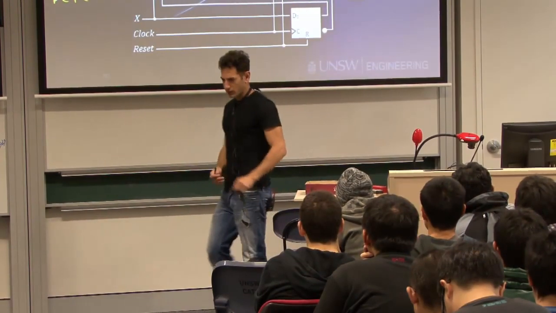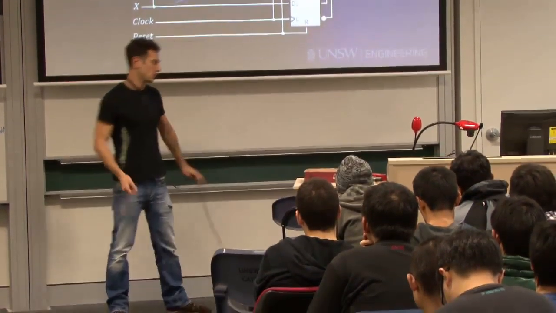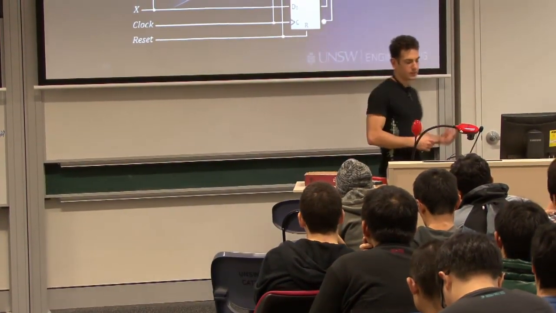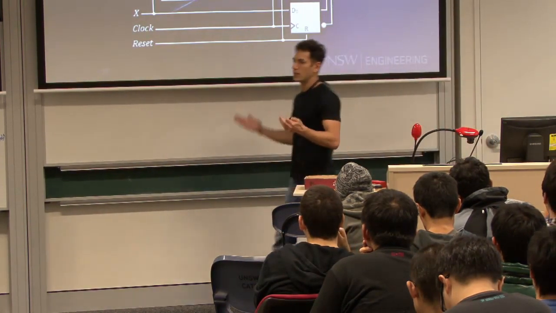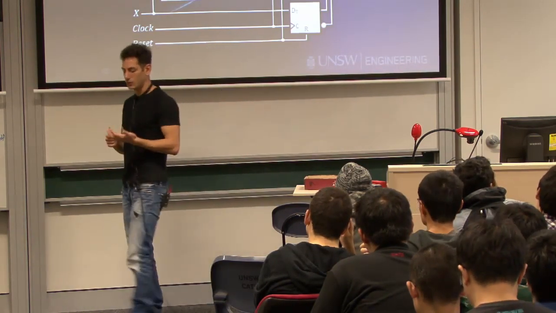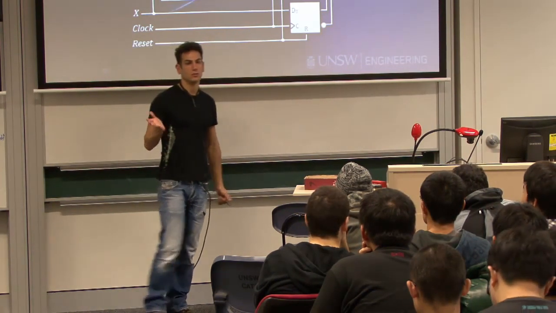Again, it depends on what your circuit needs to do or what the specifications say. I've only shown you one example of a sequence recognizer, and if you get a sequence recognizer, it's usually pretty easy to go through because you know what the sequence is. But here's a little bit of a complication that I can throw at you straight away.